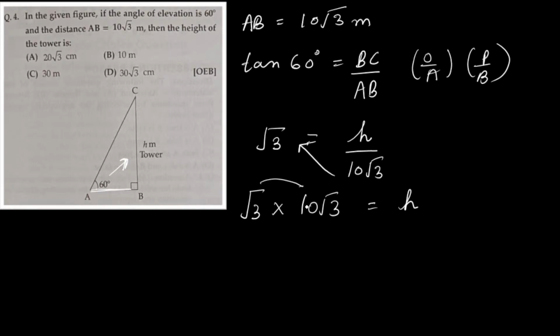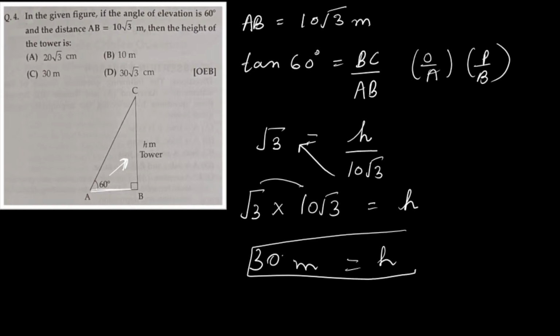So root 3 into root 3. When you multiply root 3 into root 3, you get root 9. Root 9 is 3, or directly you can write 3. So 3 into 10 is 30 meter. So option C, the height of the tower is 30 meter. It's option C, yes. Okay, let's do the next one. Question number 5.